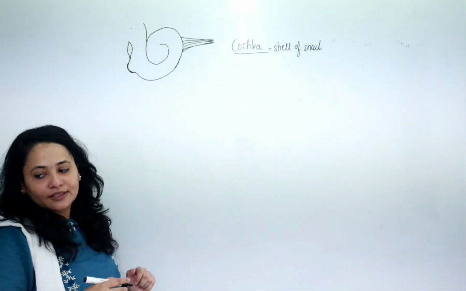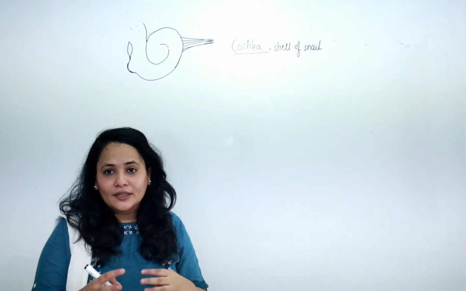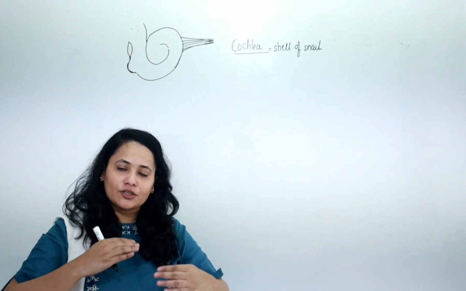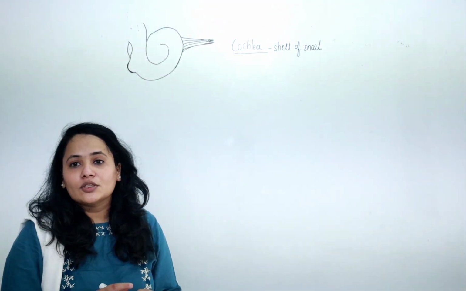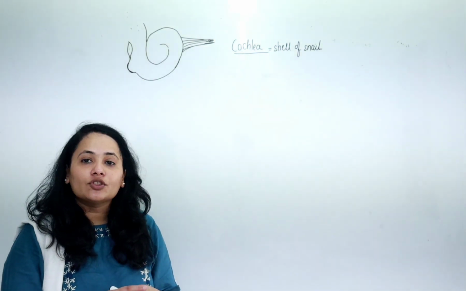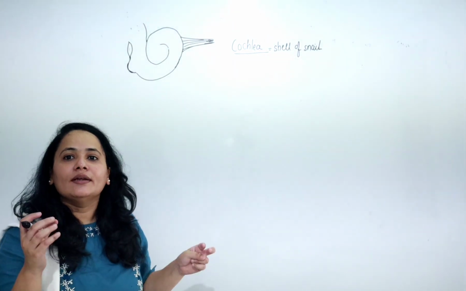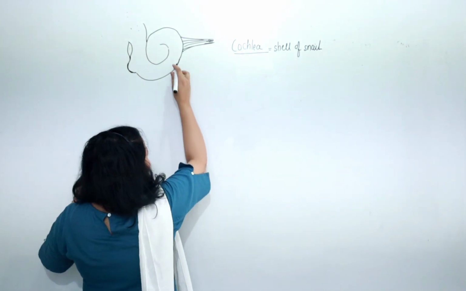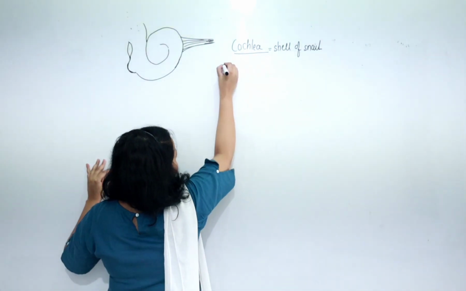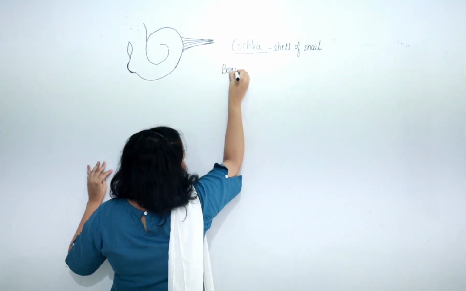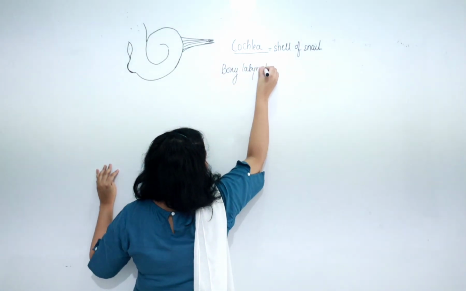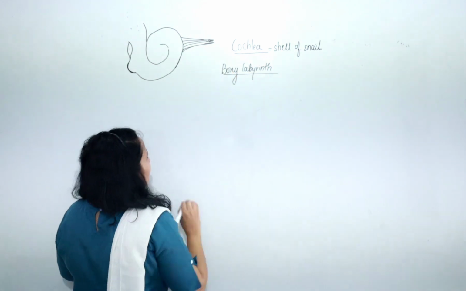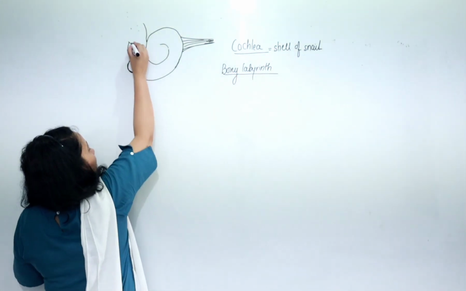Remember that it has two labyrinths. We know that the outer is the bony labyrinth, and inside it encloses one more labyrinth. So if you understand the labyrinth structure, the whole is called the bony labyrinth. Now how does it appear?